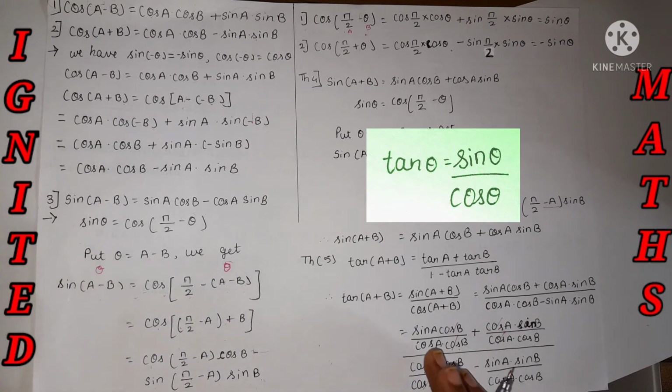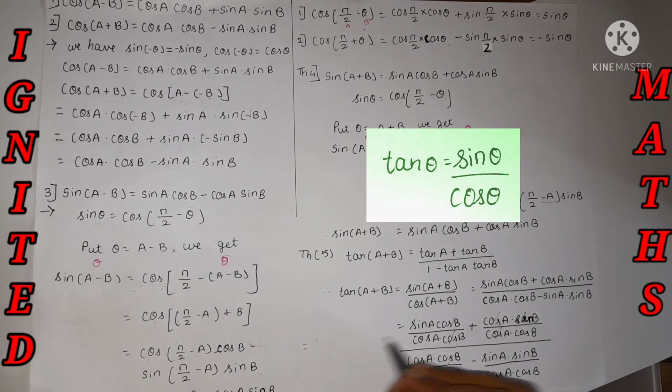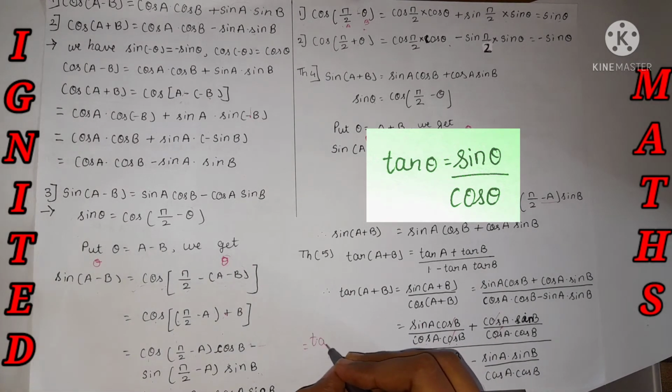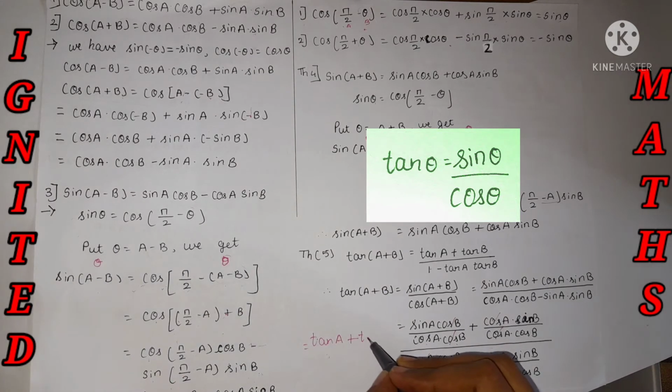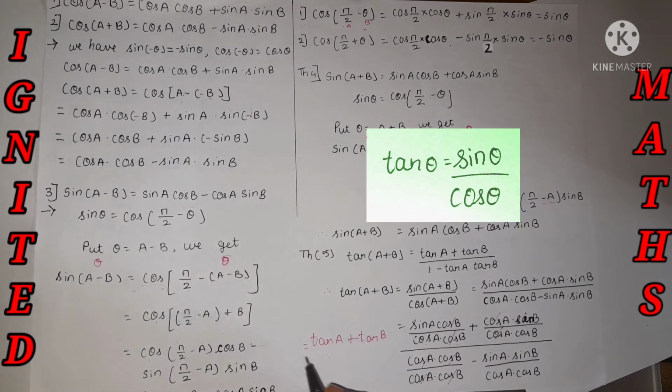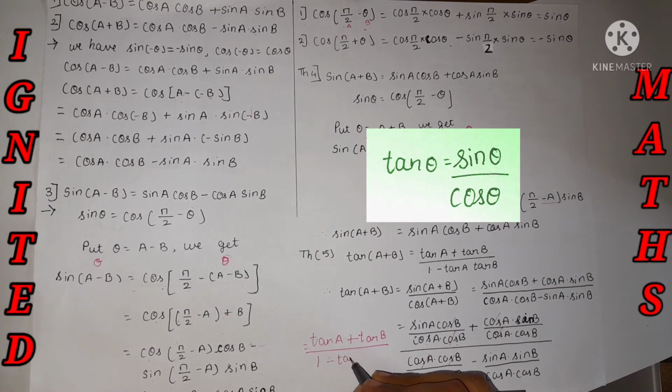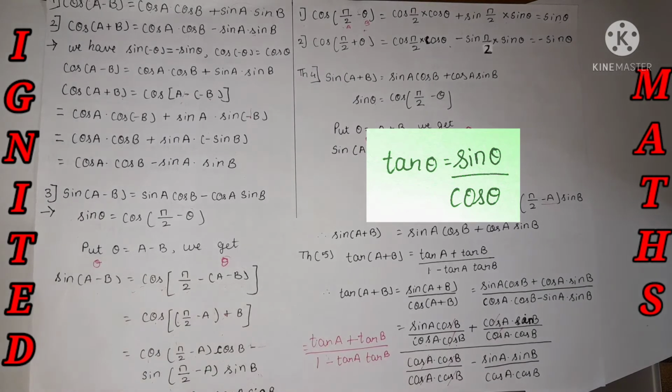Now at last I'll write: sin A divided by cos A is nothing but tan A, and plus sin B divided by cos B is nothing but tan B. Over here, in the denominator, it's 1 minus sin A by cos A, which is tan A, times sin B by cos B, which is tan B. And here is the formula.